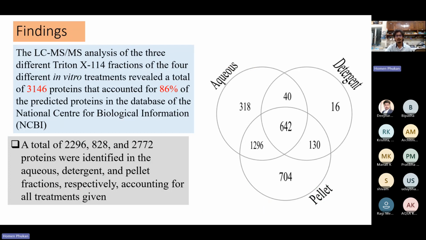From our study, we were able to find nearly 3,146 proteins of Leptospira, which accounts for 86% of the predicted proteome of Leptospira in the NCBI database. There are nearly 2,000 proteins in the aqueous fractions, 800 proteins in the detergent fractions, and 2,700 proteins in the pellet fractions.